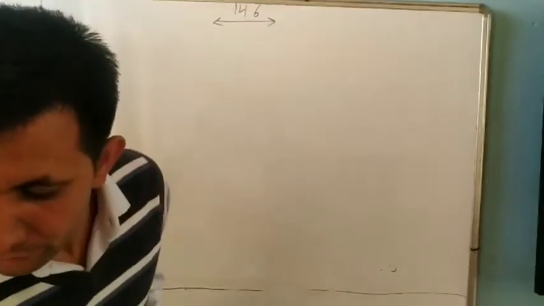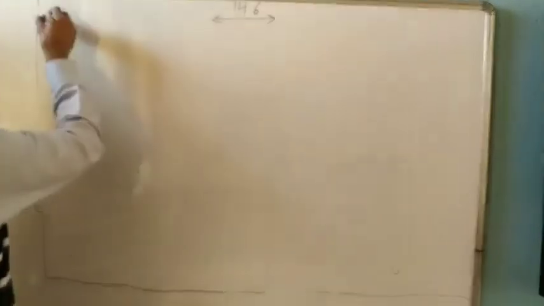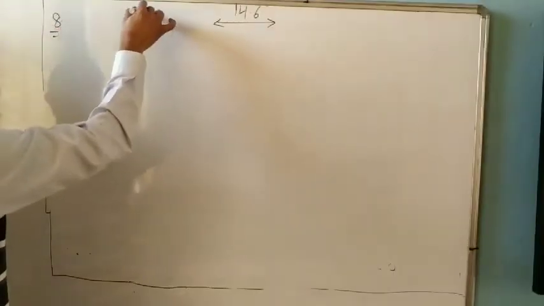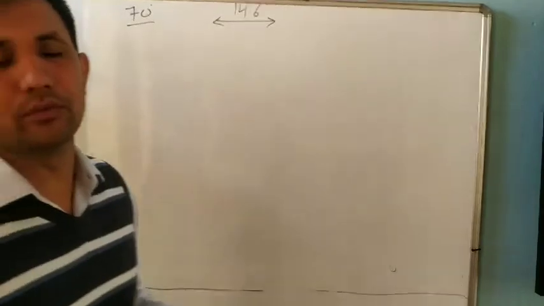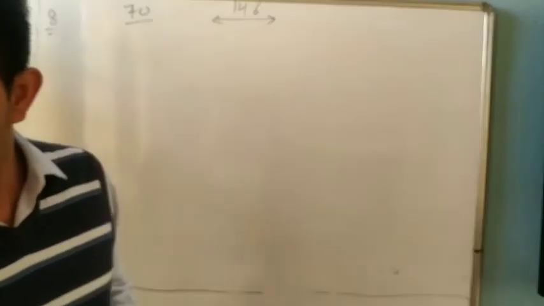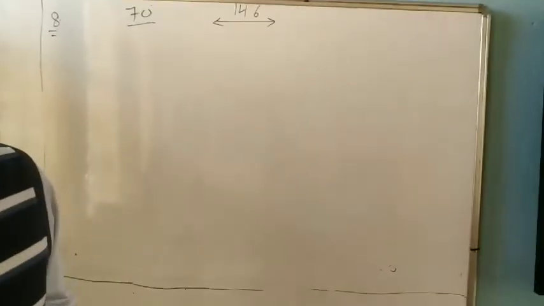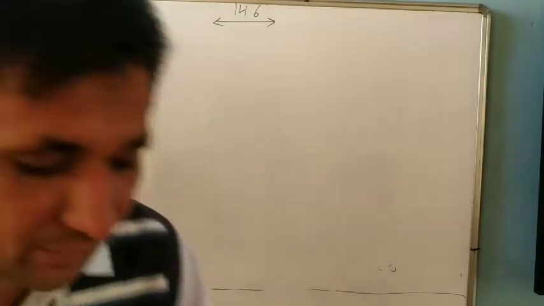So what is it? Draw an angle. So we observe 70 degrees. 70 degrees is not in the table of 30 and 15. So we will make it by protractor. Make a copy of it. Draw an angle of 70 degrees.